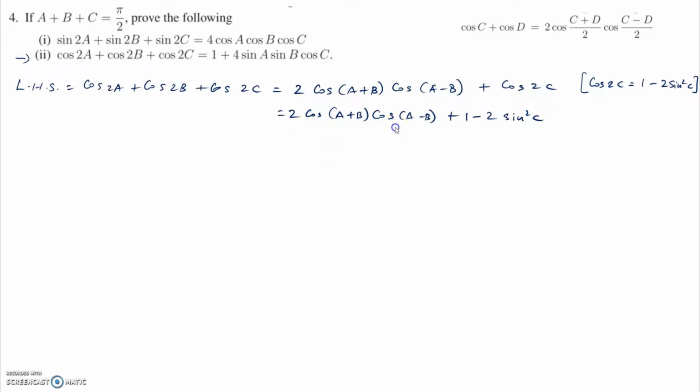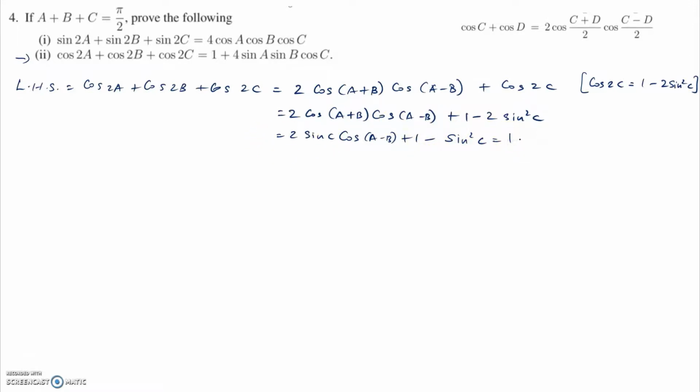We have seen in the previous problem that cos(a plus b) is nothing but sine c. So, this becomes again 2 times sine c cos(a minus b) plus 1 minus 2 sine squared c. So, let us rearrange this.